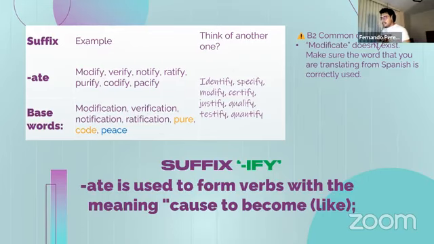And we have words like modification, which transforms into modify. As you can see, these words, modification, verification, notification, ratification, are nouns, and they can transform into verbs. Also some adjectives, for example, pure. To make the water pure, you are purifying the water.